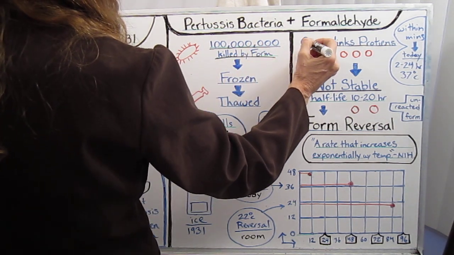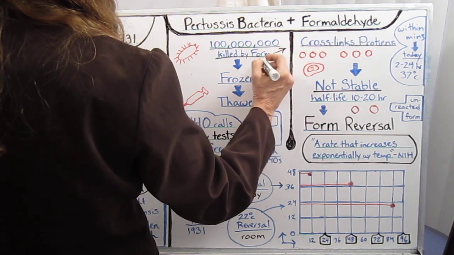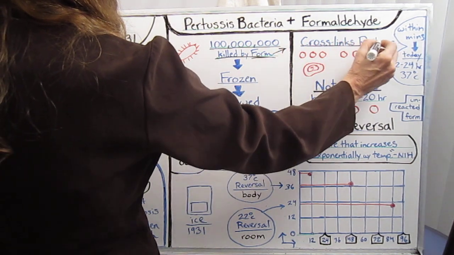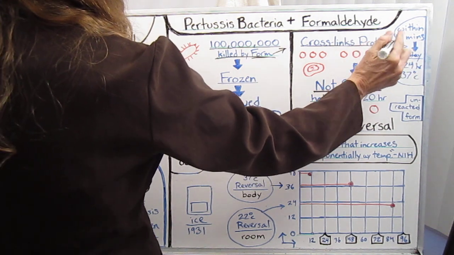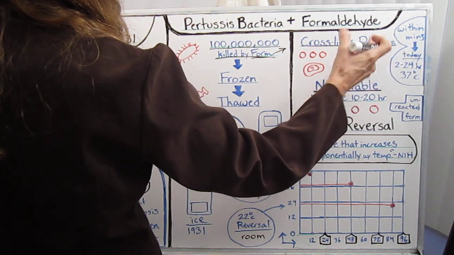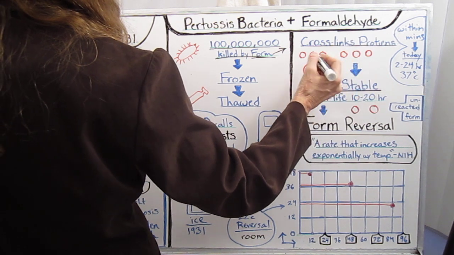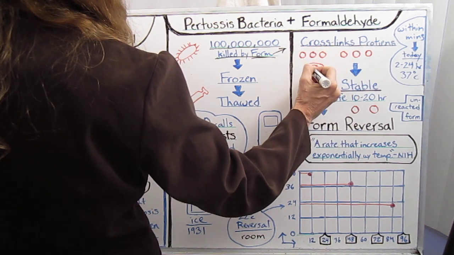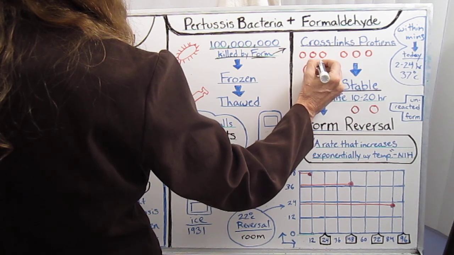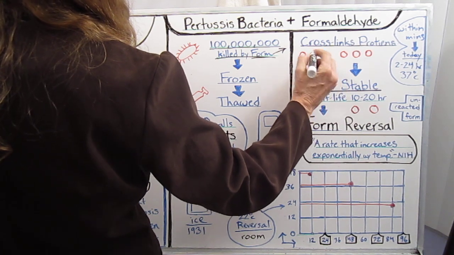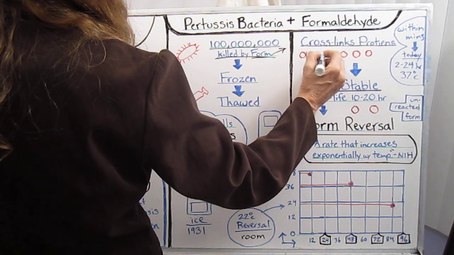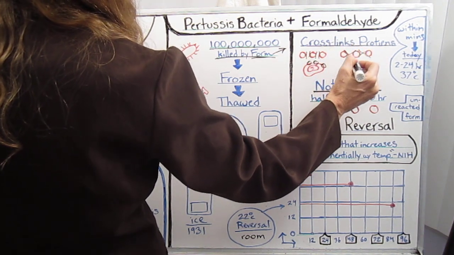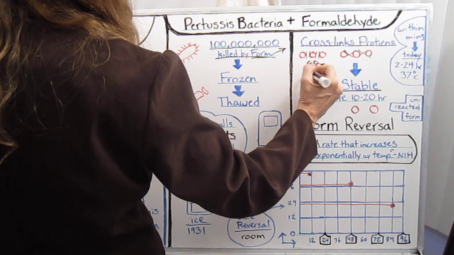Formaldehyde is abbreviated as form, and it cross-links proteins, which makes it perfect for keeping bodies from breaking down if they're kept cold. These represent 3 proteins next to each other, like you have on a cell wall, with channels and multiple things going on. When the formaldehyde cross-links them, they no longer function, and it kills these cells rapidly.